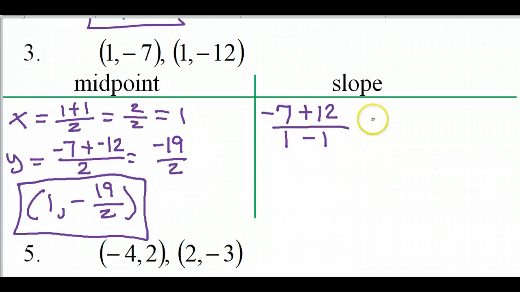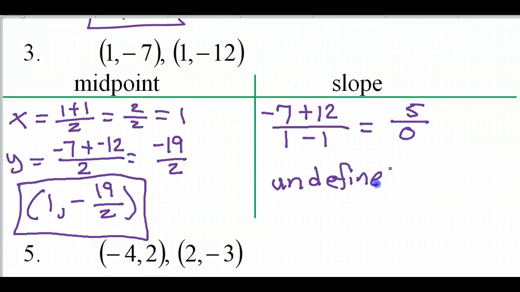Gotta watch out, going to have a 0 in the denominator. Negative 7 plus 12 is going to be positive 5 over 0. Well, you can't divide by 0. We know this, so this is going to be undefined. Or we could say no slope.